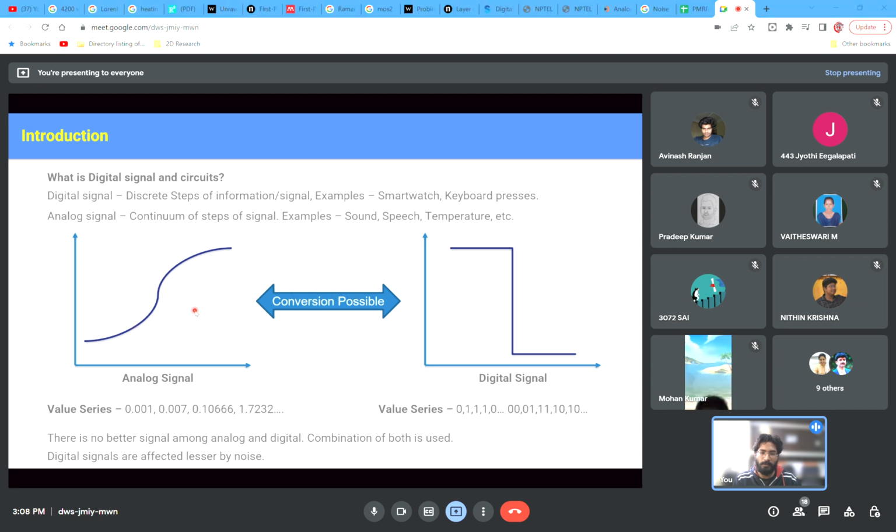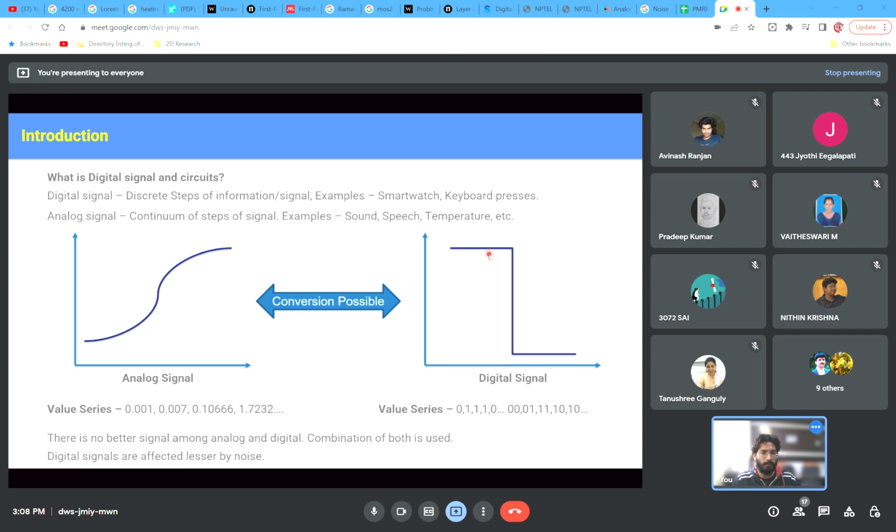Whereas digital signals have very specific levels. At a specific time instant, if you consider this as an x-axis, it will have a very specific value. Here the square wave is shown. Till this point, it has a value 1, and beyond this, it has 0. The other digits you see under this, like 0, 0, 0, 1, 1, 1, are also binary, and they also have step values, but they are 4-level signals.